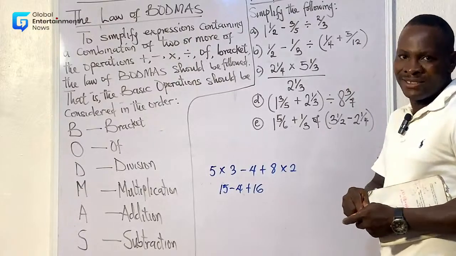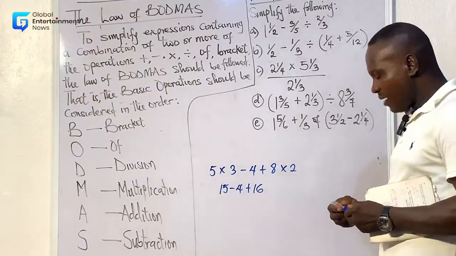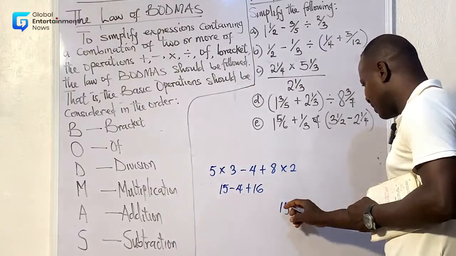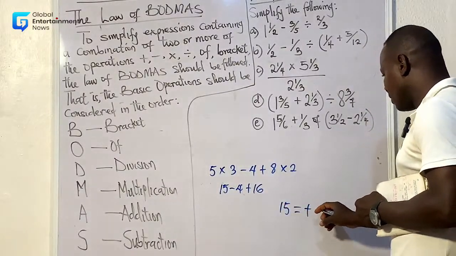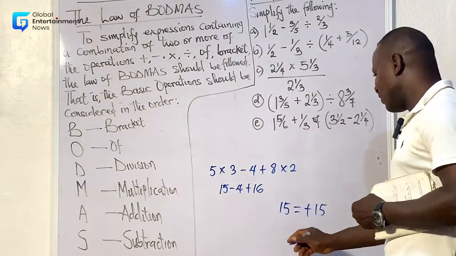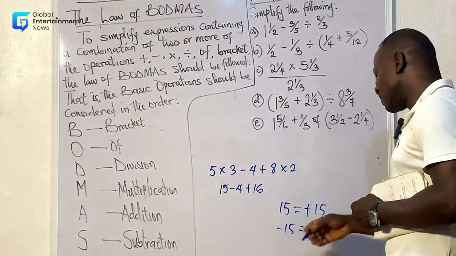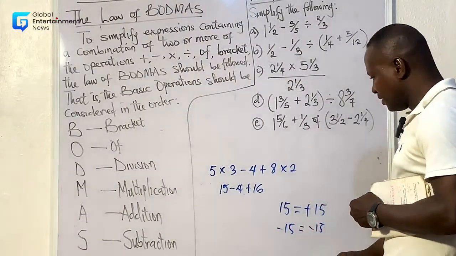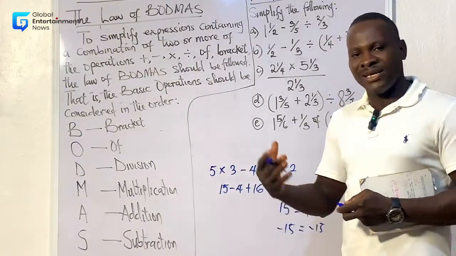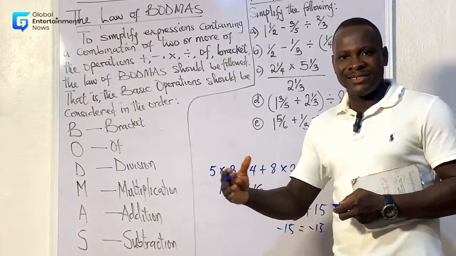What are the additions here? 15 is an additive number. What I mean by additive number is that if I say 15, it's the same thing as positive 15. If I say minus 15, it's the same thing as minus 15. So every whole number is an additive number.